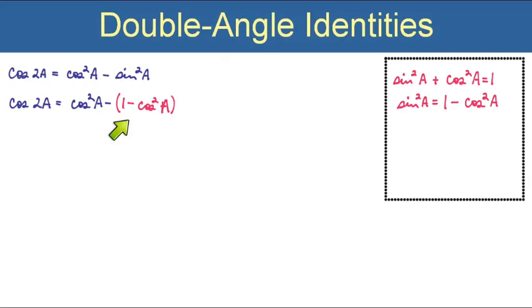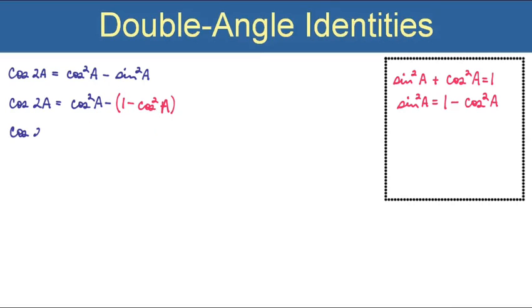Okay, so we've replaced the sine squared a with 1 minus cosine squared a. And now we want to distribute this minus sign to these parentheses. Now the reason the parentheses are here is because sine squared a has been replaced by two terms. So if you're supposed to subtract sine squared a, you have to now subtract both of these terms.